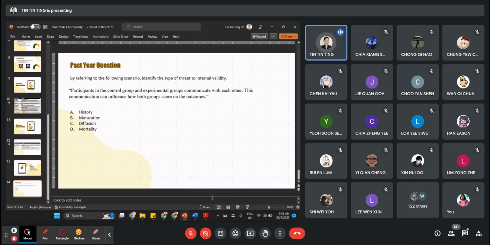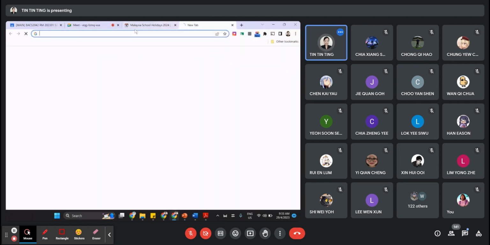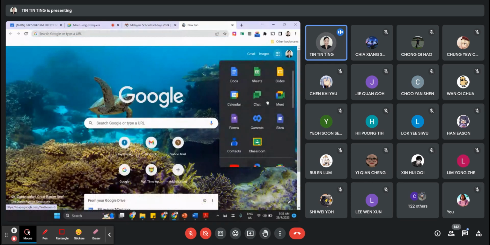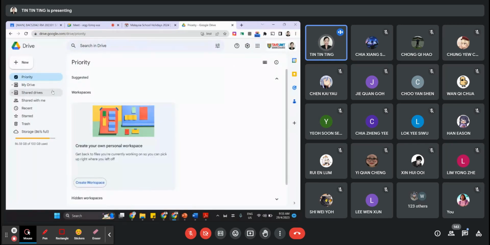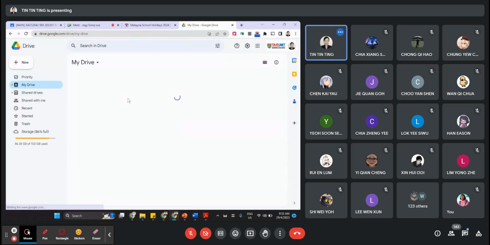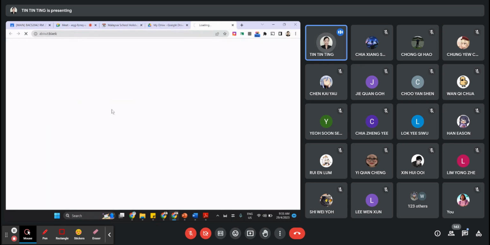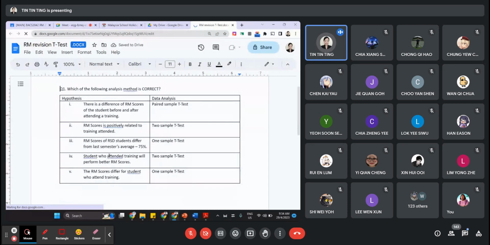Just for your information, this is a past year question. For this year's exam, the format will be different. It will become like this one. For those who haven't joined your lab, I'm going to show you this again. For those who have joined the class, I believe you are all familiar with this, right?